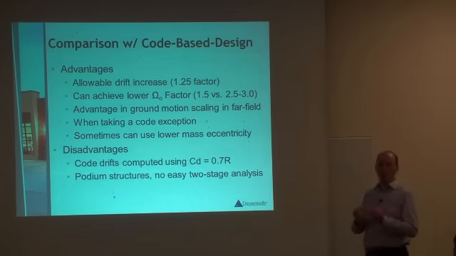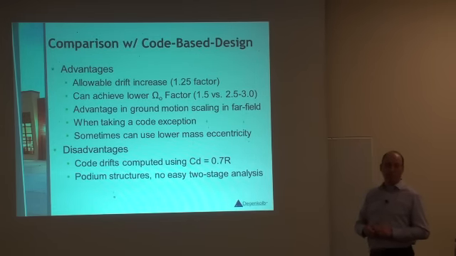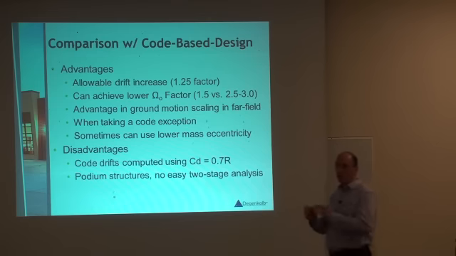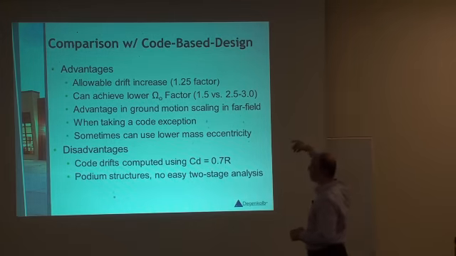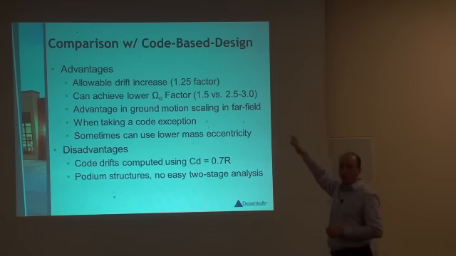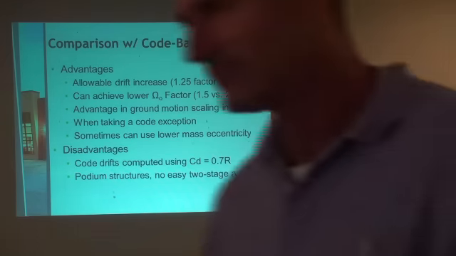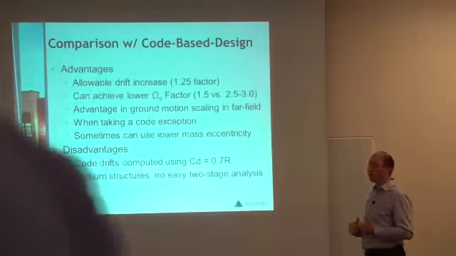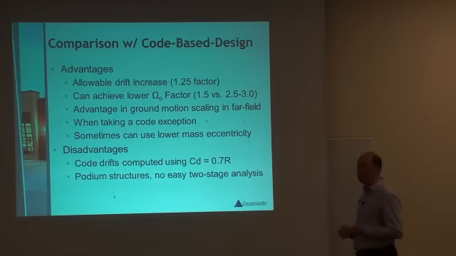That's a factor of safety on the failure of force-controlled elements, brittle elements. If you don't do a detailed analysis, the code forces you to use a safety factor of 2.5 to 3. If you do use an actual analysis, you can reduce that. You can be down to as low as 1.5 or lower. So that can be a lot of saving.